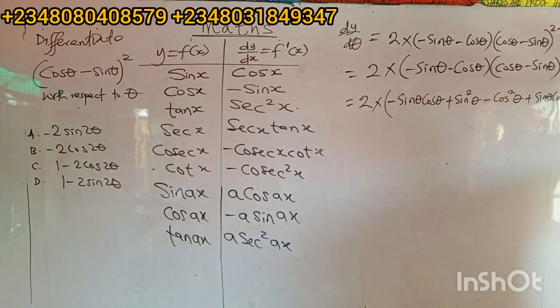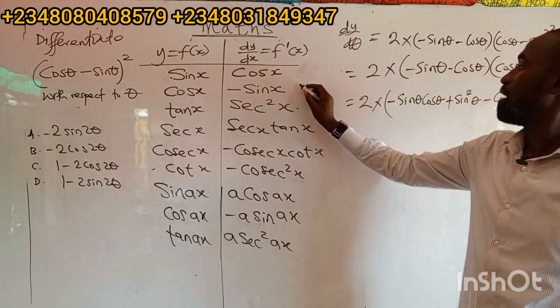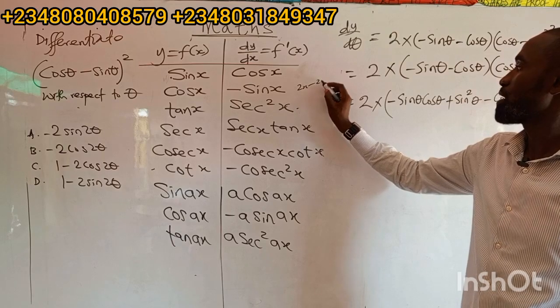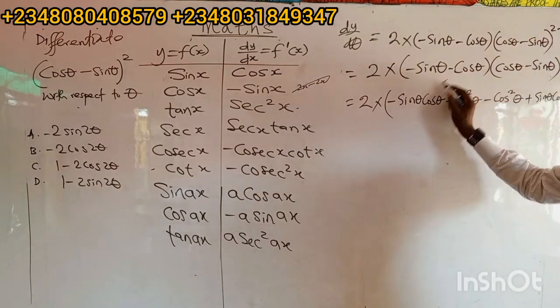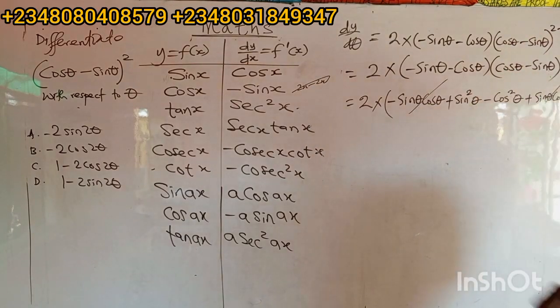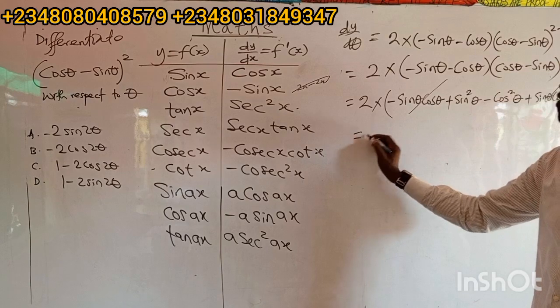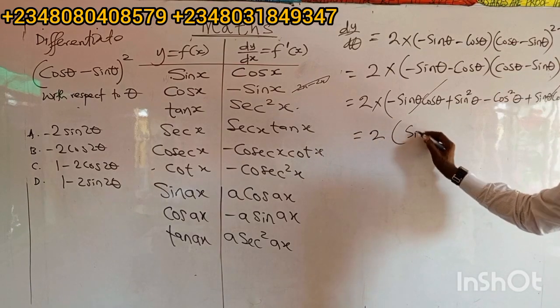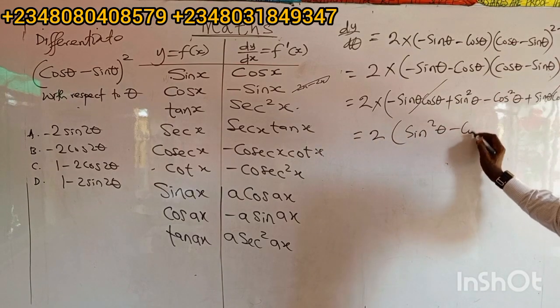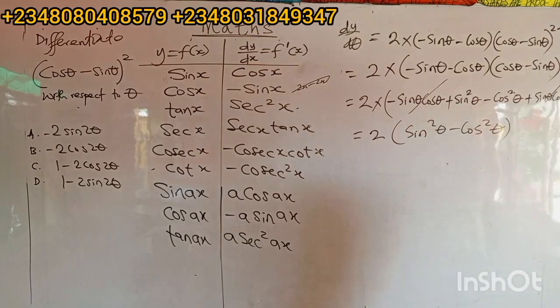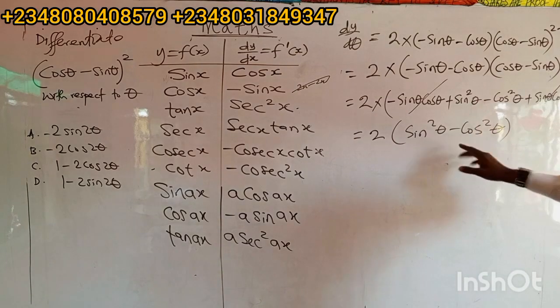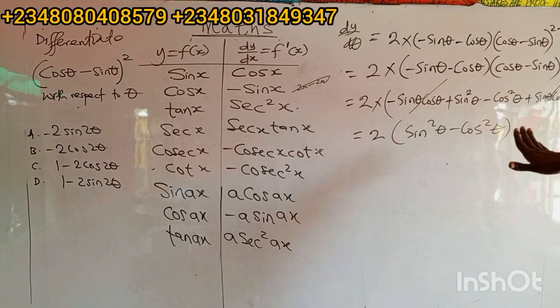So I'm having 2 times, this one will cancel out. So I'm having sin square theta minus cos square theta. That will be 2 bracket sin square theta minus cos square theta. But it's not in the options. You check our options. This is the answer, but it's not in the options. What are we going to do?